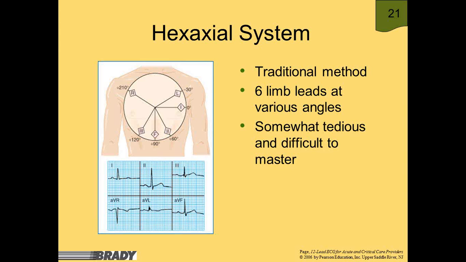If you don't like math, this is an absolutely horrible process. Very difficult to master. Now, luckily for us, we've got 12-lead machines that quite frequently measure this for us a lot, but we're going to be able to recognize it easily with this simple system.